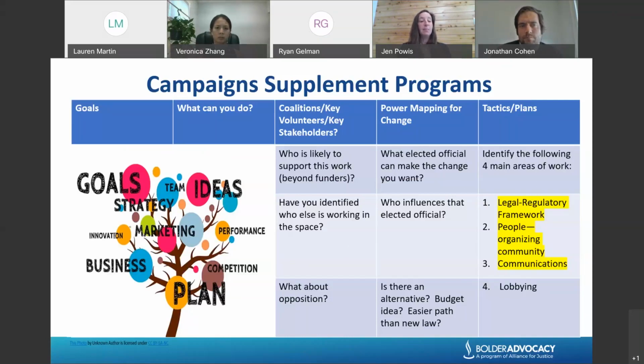Perhaps it's a budget idea that provides more consistent funding to your particular program, which again could flip into lobbying. But the goal here is to think through your sub goals on what you're trying to do to meet mission, and then to think through, now, who actually makes that call? Is it only the governor that makes the call, or is it the city council?